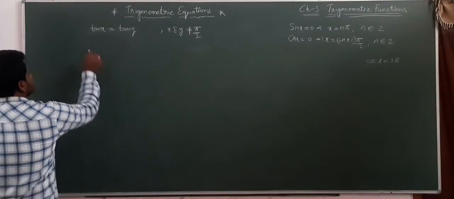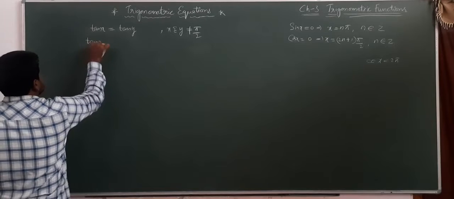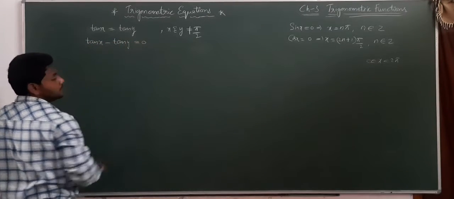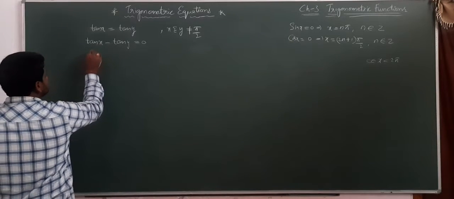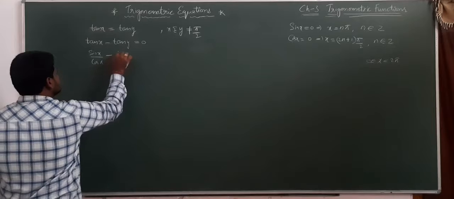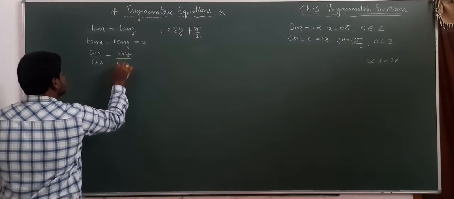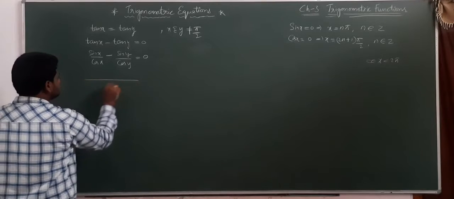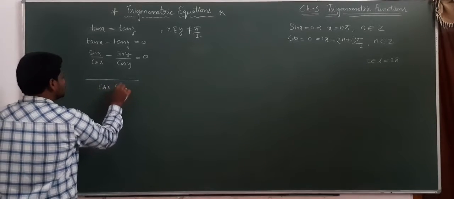So tan x equal to tan y, how will we derive this? We will write it as tan x minus tan y equal to 0. So this we will write as sin x by cos x minus sin y by cos y equal to 0. If you take LCM, the LCM will be cos x into cos y.